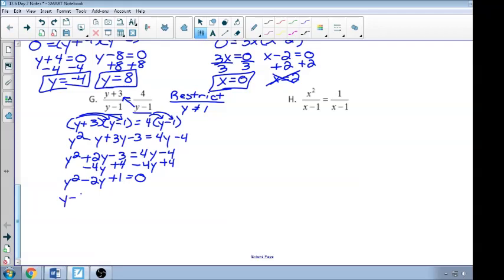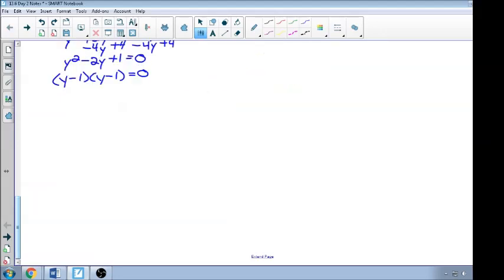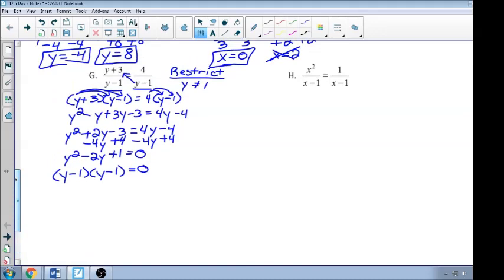It would be y minus 1 times y minus 1 equals 0. Since it is y minus 1 and y minus 1, I only have to set one of them equal to 0. Add 1 to both sides. Y equals 1, which is my restriction, unfortunately. So my answer is no solution.